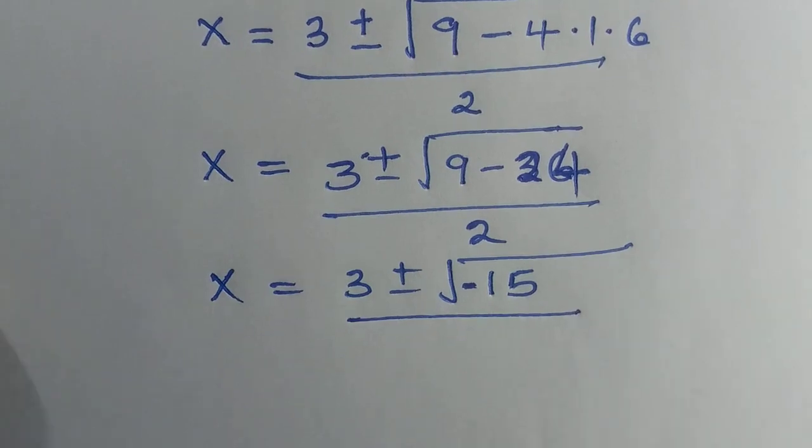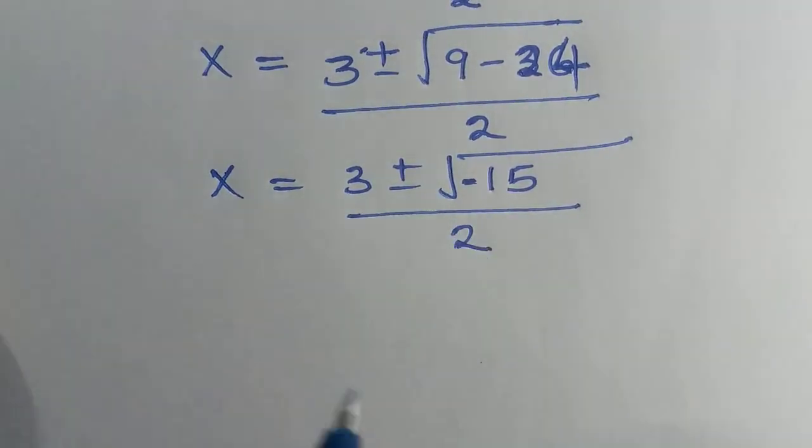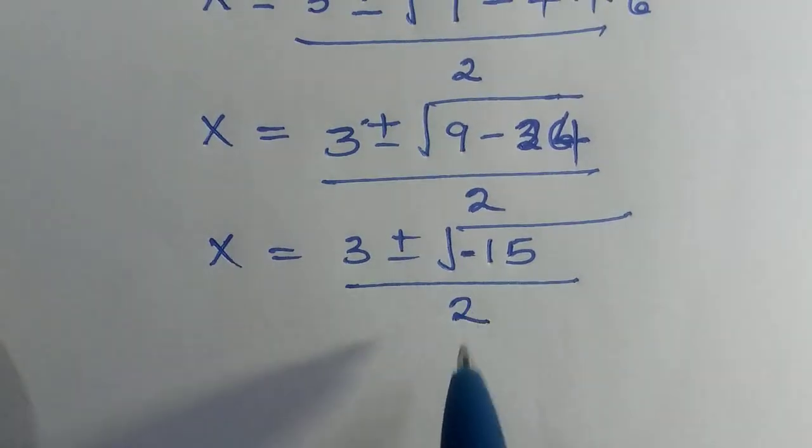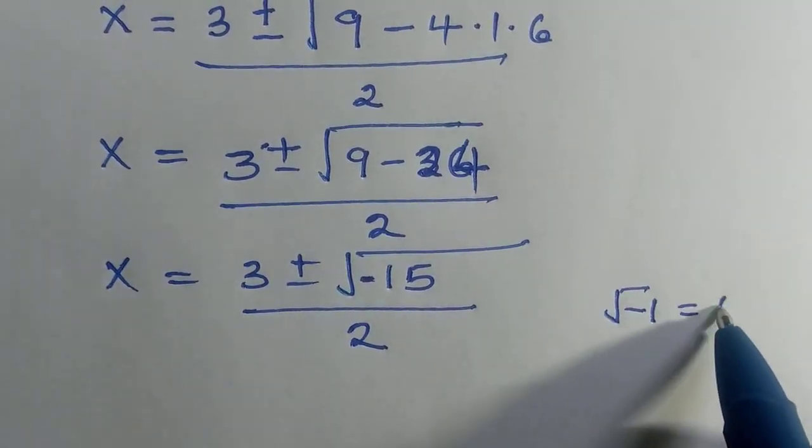Divided by 2. So we have negative in a root, but how can we go with this negative in a root? Suppose we have square root of minus 1, that gives i.